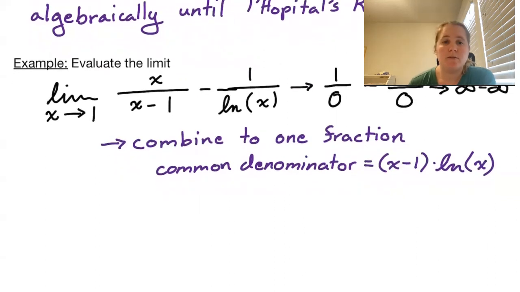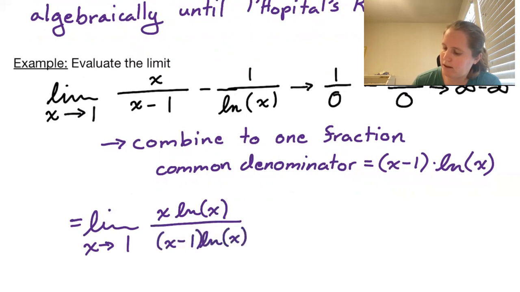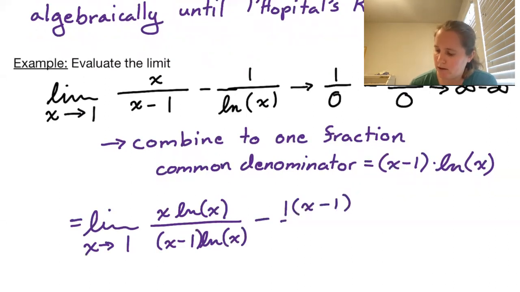So that first fraction we should multiply by natural log. So we're looking at the limit as x approaches 1 of x times the natural log of x all over x minus 1 times the natural log of x. And then the next one, we're missing a factor of x minus 1. So we go to 1 times x minus 1 all over x minus 1 times the natural log of x.